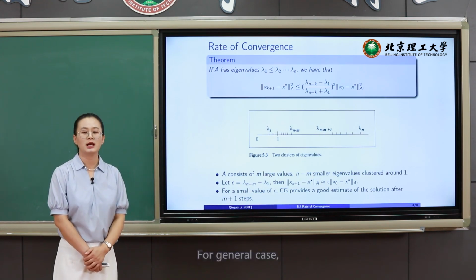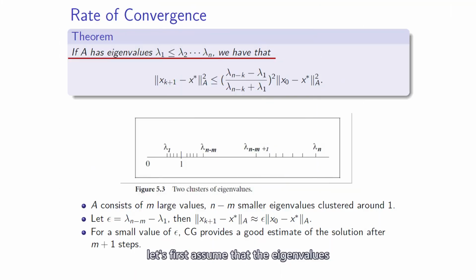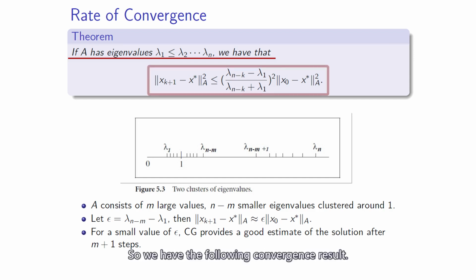For the general case, let's first assume that the eigenvalues of the coefficient matrix A are in non-decreasing order, meaning that lambda n is the largest one and lambda 1 is the smallest. So we have the following convergence result.